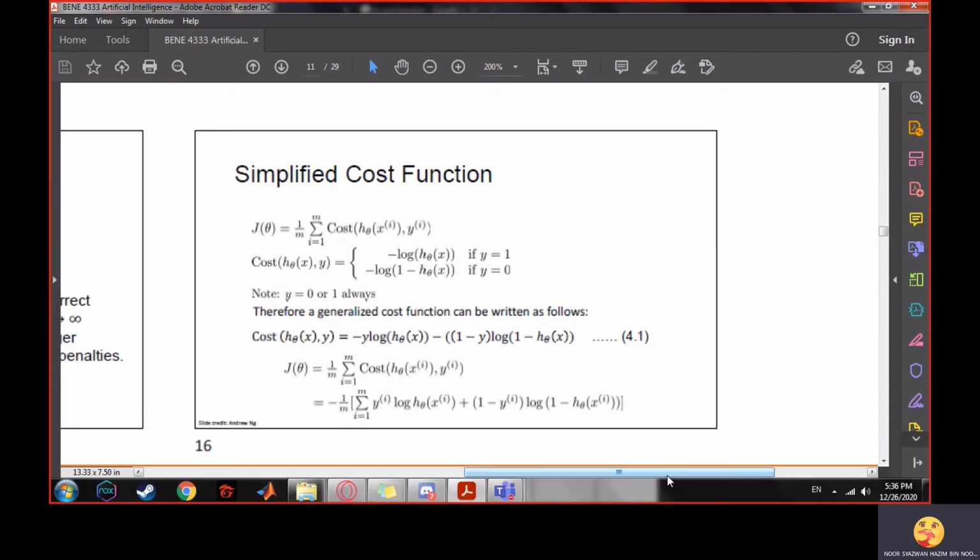From these two functions, it can be simplified into one general function, given in equation 4.1, which is here. So in the case of m data examples, in general, the cost function of logistic regression will be written as follows, as in this equation.